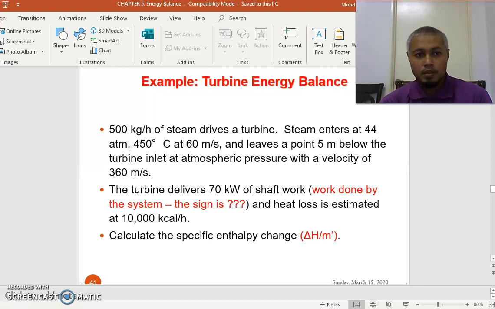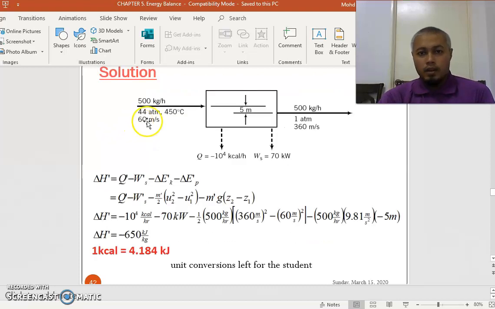If we draw a flow chart, we know that this is the mass flow rate, this is the inlet condition, this is the elevation of the system, where we have negative 5 meter because it moved below the inlet of the turbine. And then we have the outlet condition.